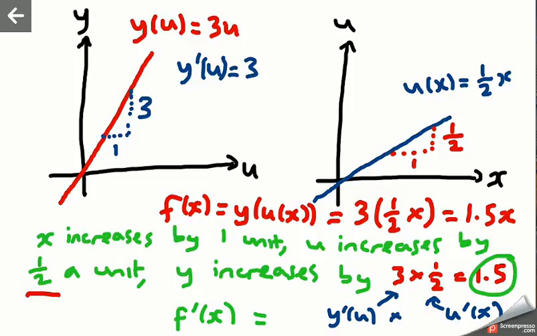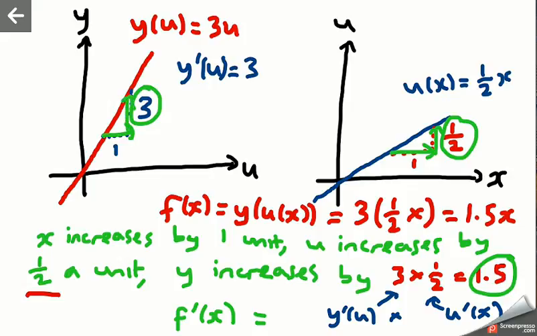And that's kind of why the chain rule works, because what we're saying is when we've got a function of another function of an input variable, we want to see when this input variable increases by 1, how much does the middle function increase by? And based on the incremental amount of the middle function, how much does the final function increase by?